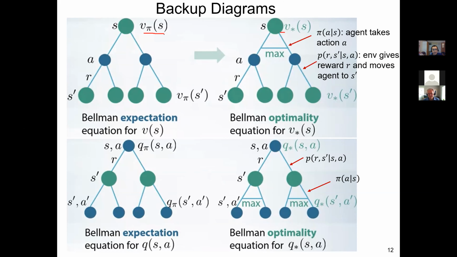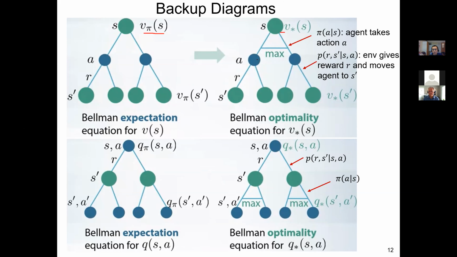So at this state s, the agent can take an action a based on policy pi (a given s) to reach this blue state. The blue state is a so-called state-action node. And then it's the turn of the environment to play the other hand and provide the agent with the reward r and the next state s prime.